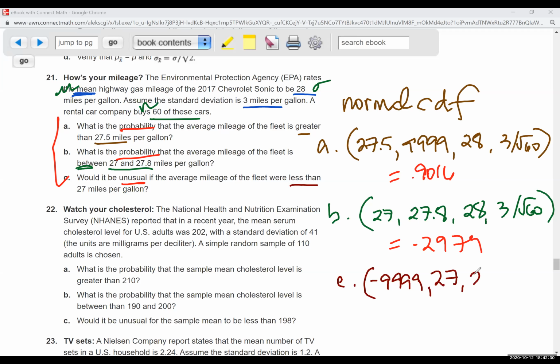And then your mean is 28, standard deviation 3 over square root of 60. So you got 0.0049, and your answer is yes. Very good.